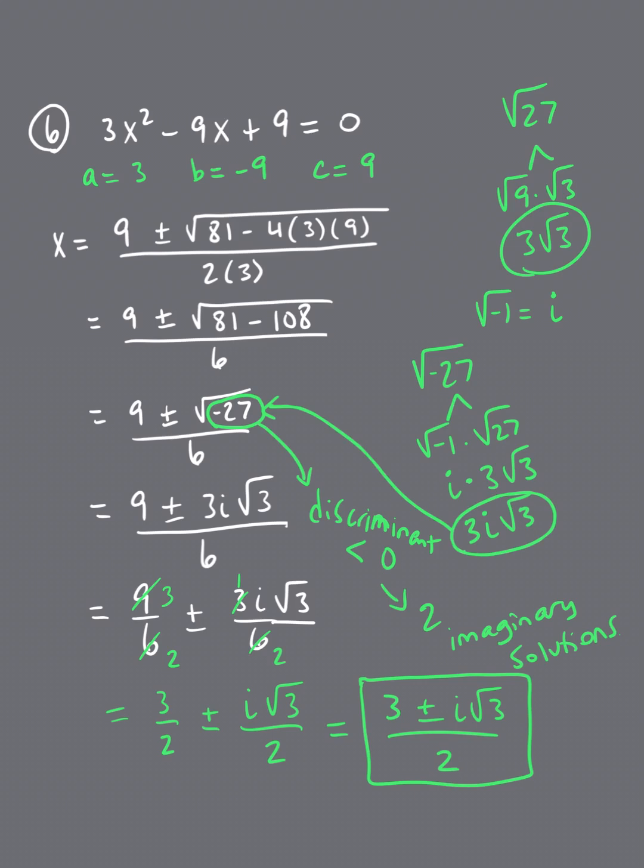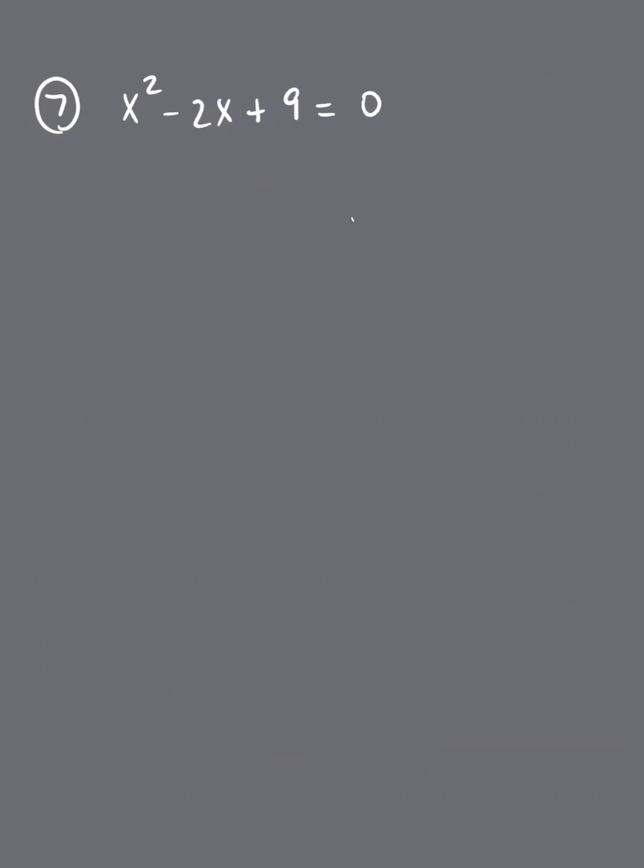Let's look at another example. This is our last example. x squared minus 2x plus 9 equals 0. It's in standard form, so we can identify a as 1, b is negative 2, and c is 9.